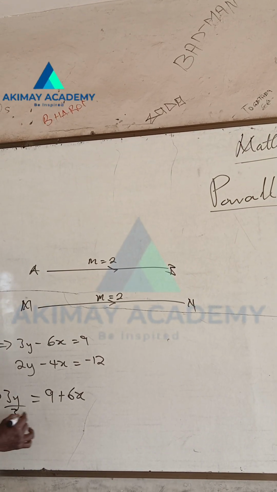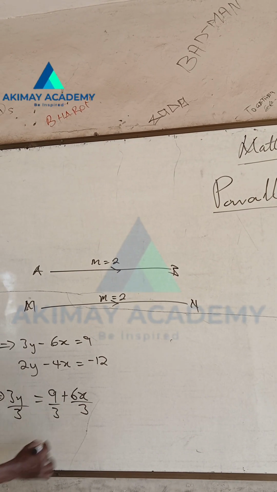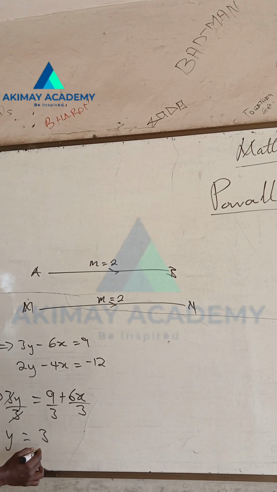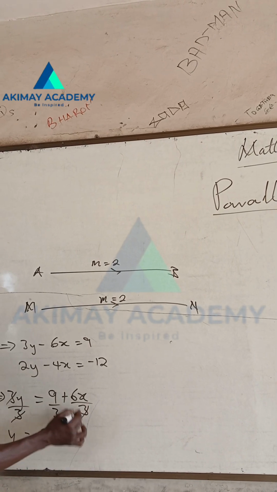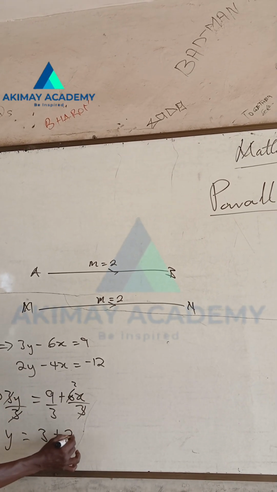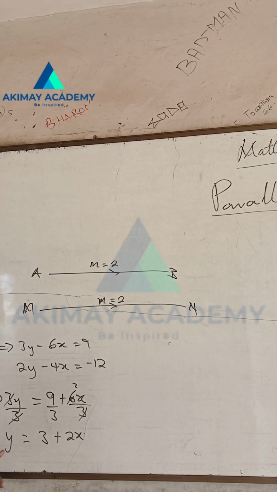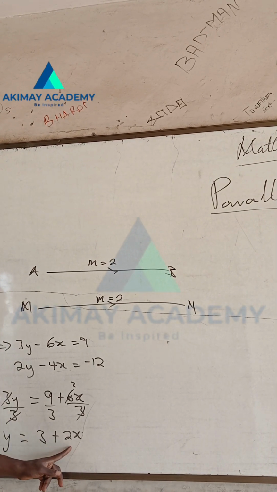This gives us 3 plus 2x. So y equals 3 plus 2x.